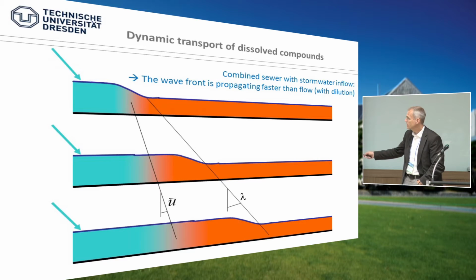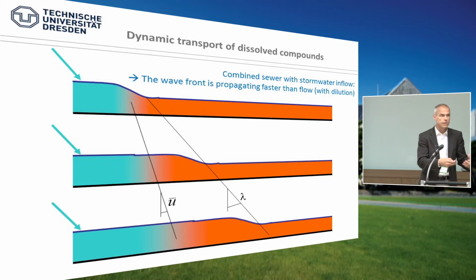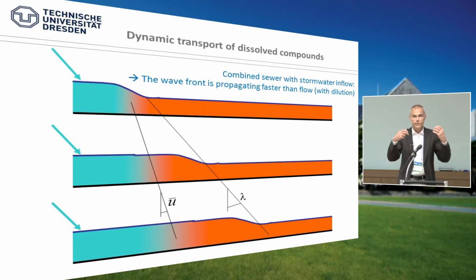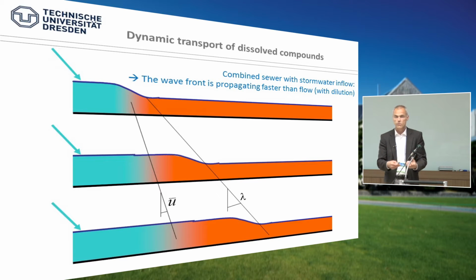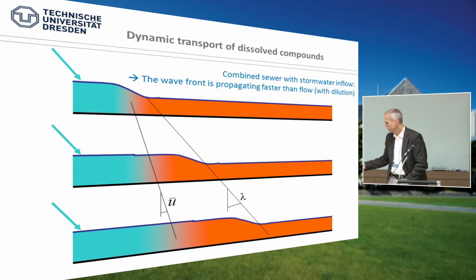The blue area visualizes the diluted flow, where we have a high fraction of stormwater. However, after the next time step, we have a better picture that the wavefront is ahead of the dilution.